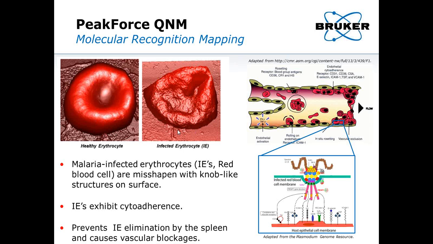And on the right is an infected one. You can see the infected blood cell has a very different shape, and also it has some little bump or knob-like features on it. But the point here is AFM works in air and in liquid.